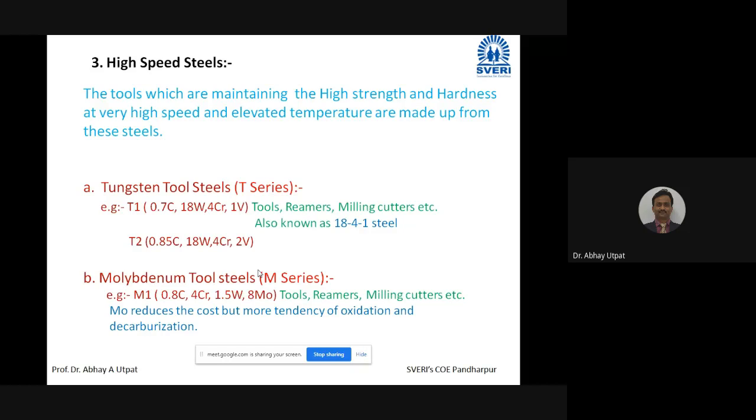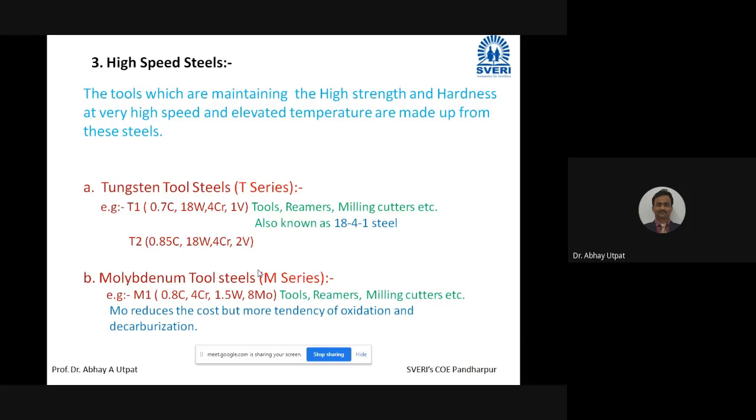What is 1841? 18 is 18% tungsten, 4 is 4% chromium, and 1 is 1% vanadium. You have to remember this 1841. It is a standard composition used by manufacturers for making tools, reamers, milling cutters. So this is as per the specifications, T series.